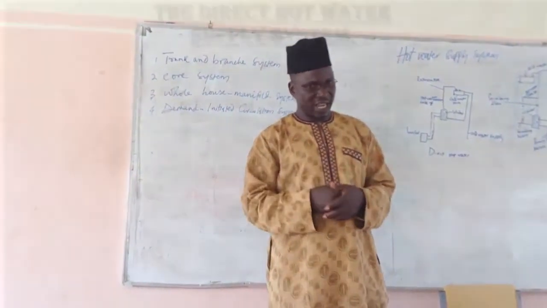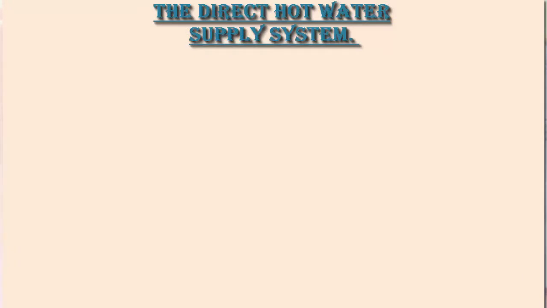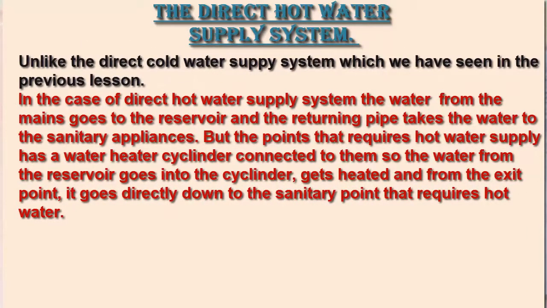It's called direct water. But hot water does not go that way, because not every point requires hot water. Only a few selected sanitary appliances require hot water. So the distribution cannot come from the main.